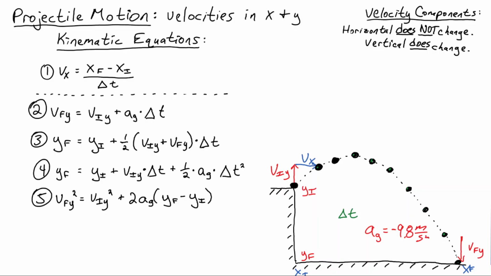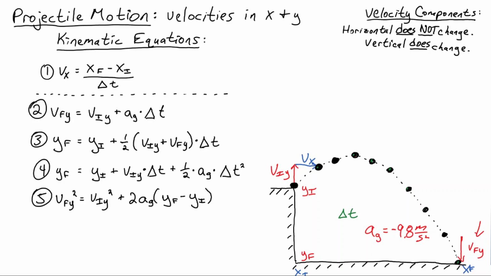Okay, so now let's talk about the final velocity in the y direction. It will be going up at a certain velocity in the y direction, and then it'll come down at a certain velocity in the y direction. So we are defining this right here to be the final velocity in the y direction.